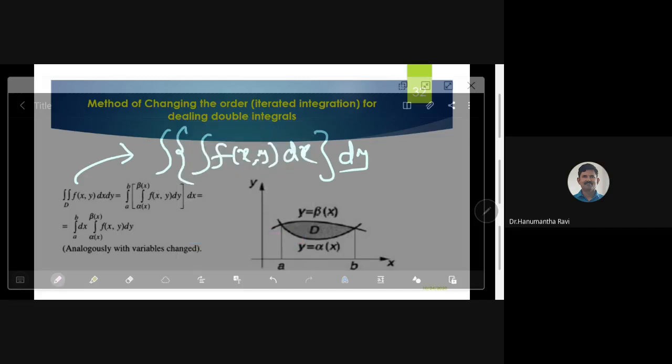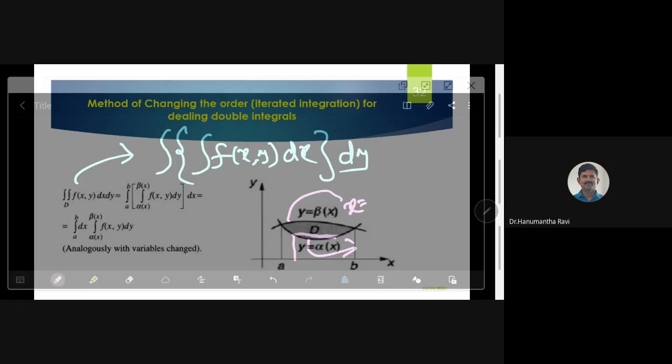Now draw a strip parallel to the x-axis. So here see what is the x value. What I mean to say is that for both of these things, you need to write x in terms of y.